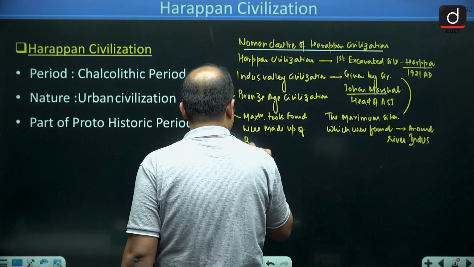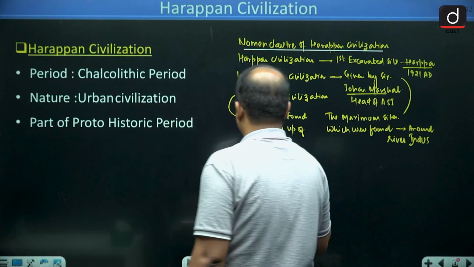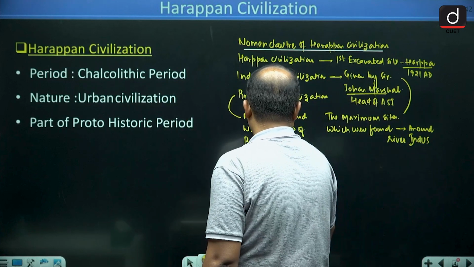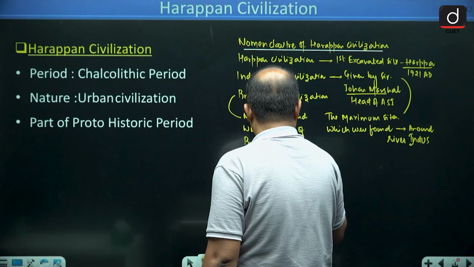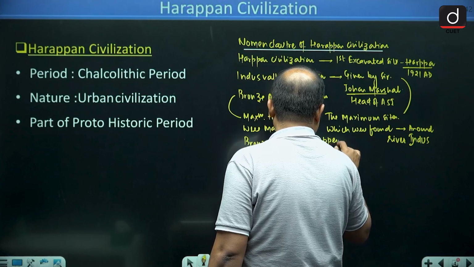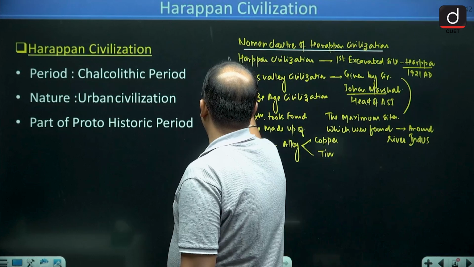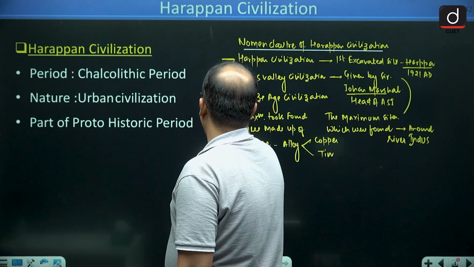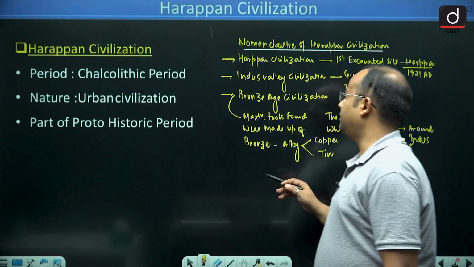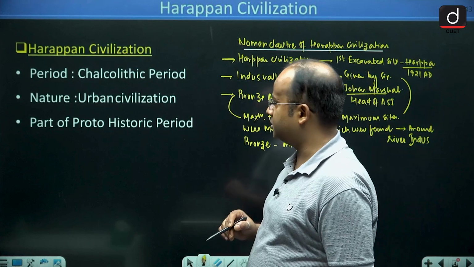You all know that bronze is an alloy of copper and tin. Therefore, this civilization is also known as Bronze Age Civilization, because the maximum tools which were found were made of bronze.